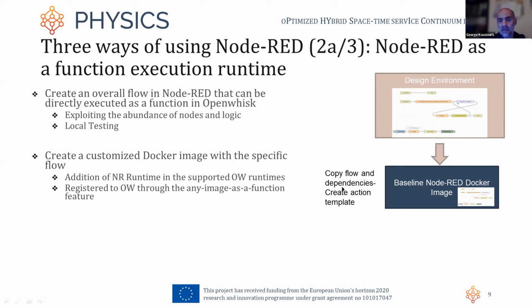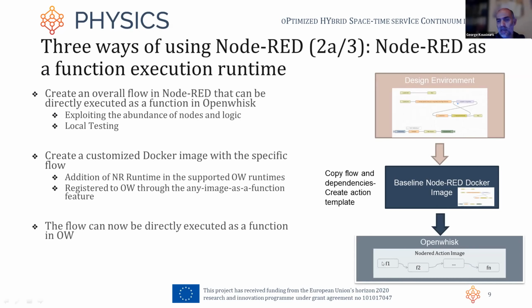And it adds that specific Docker image to the supported OpenWhisk runtimes and registers it, given the fact that OpenWhisk, as well as many other serverless platforms, has the ability, as long as you abide by a specific interface, to register any image to be executed as a function. And in the end, whenever the function is invoked, the overall action image is launched, and the flow you have is executed inside that container.